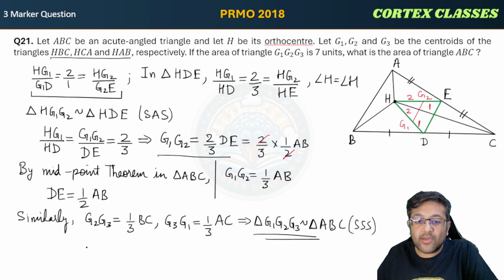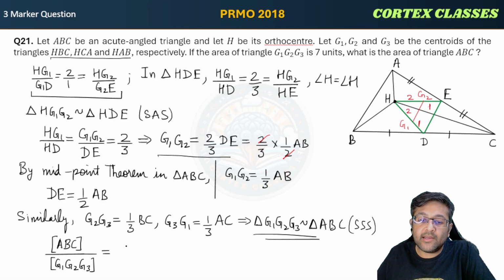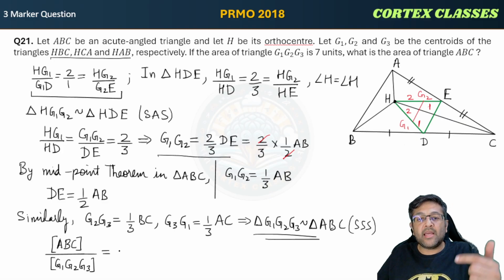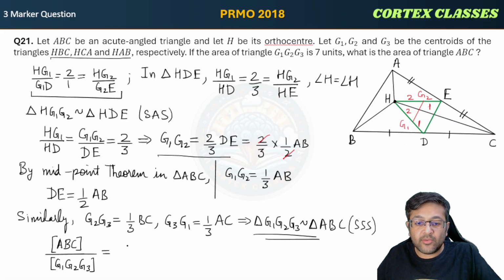So since they are similar, what is the ratio of the areas? Which ratio do we need to find? ABC's. So let us take that ratio itself: area of triangle ABC over area of triangle G1, G2, G3. What do we know about similarity? The ratio of areas of similar triangles is equal to the square of the ratio of their sides, right? What is the ratio of their sides?